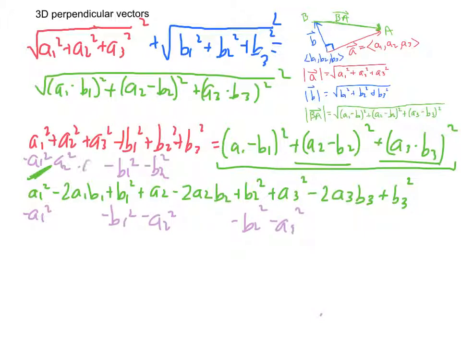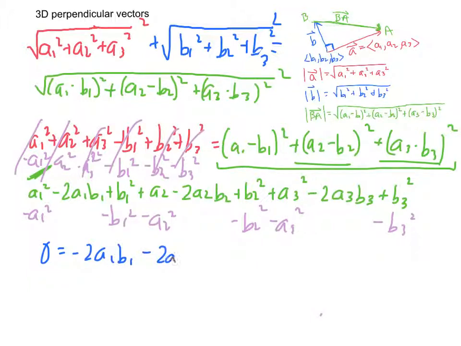Probably get the idea. And subtract B3 squared from both sides. So all these things end up canceling out on the left side. We're left with 0 again. And 0 equals negative 2A1B1 minus 2A2B2 minus 2A3B3.